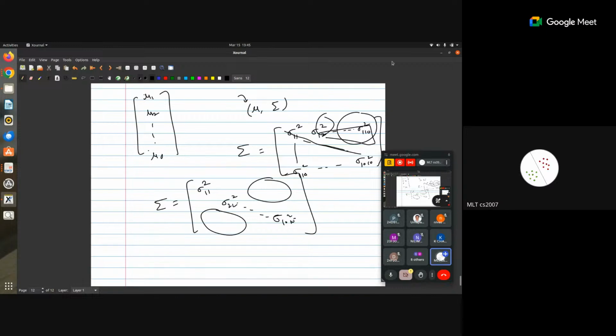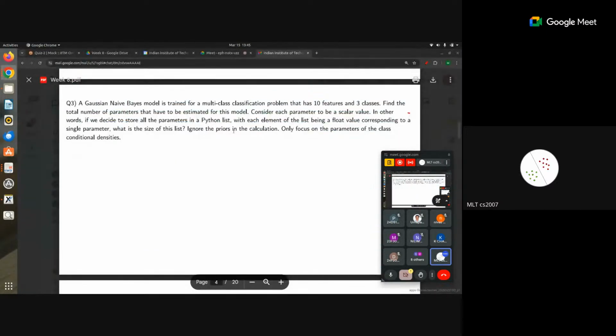So how many parameters do you need to estimate now? 10 parameters for mu, the mean. And how many parameters for sigma? 10 only. So the total will be 10 plus 10 is 20, and plus 2 for the classes. So can we say that the final answer should be 22?